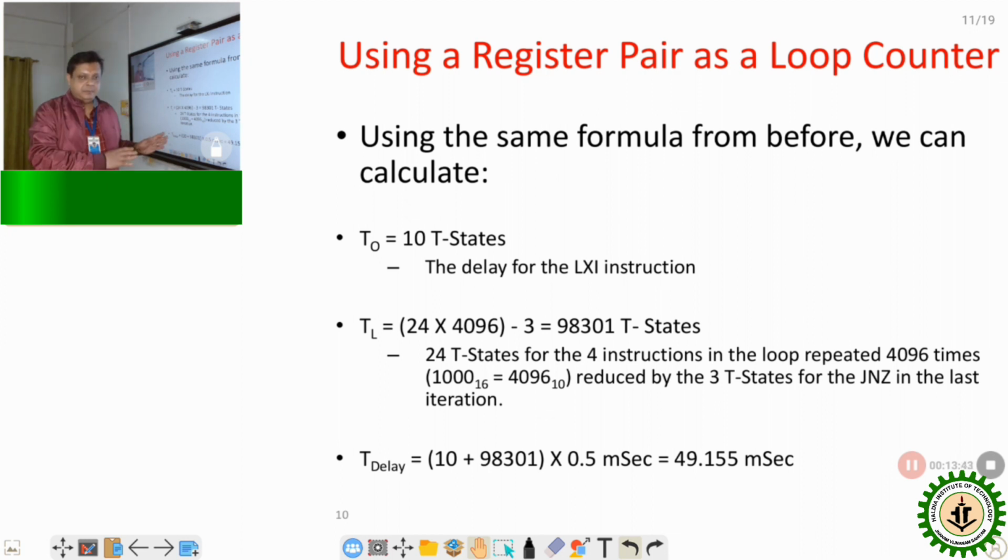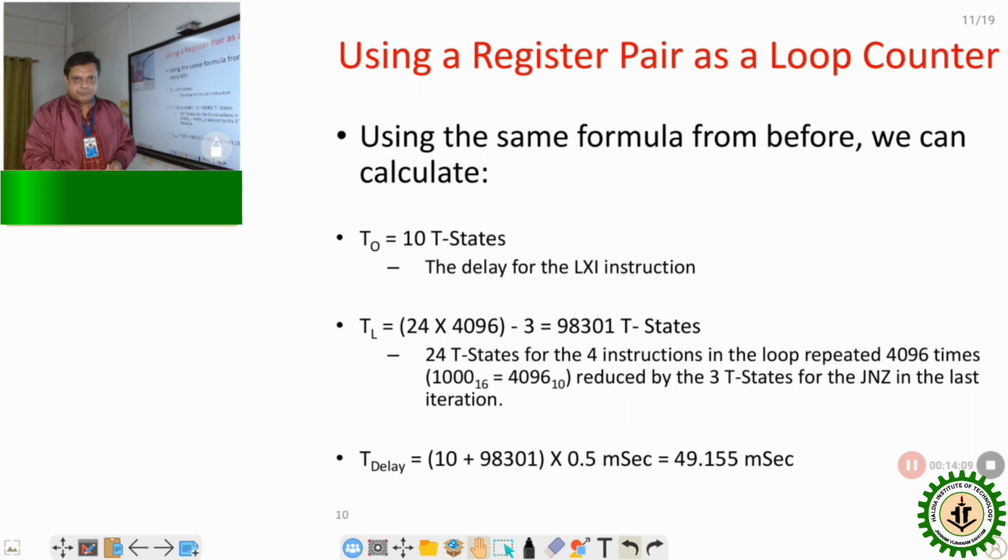So, just a matter of comparison, if you have paid attention in the previous part when we used a single register delay or 8-bit delay, in that case the delay was very small. Now we have been able to increase the delay to quite an extent. It's 49.155 milliseconds, but still there may be a necessity to increase the amount of delay.